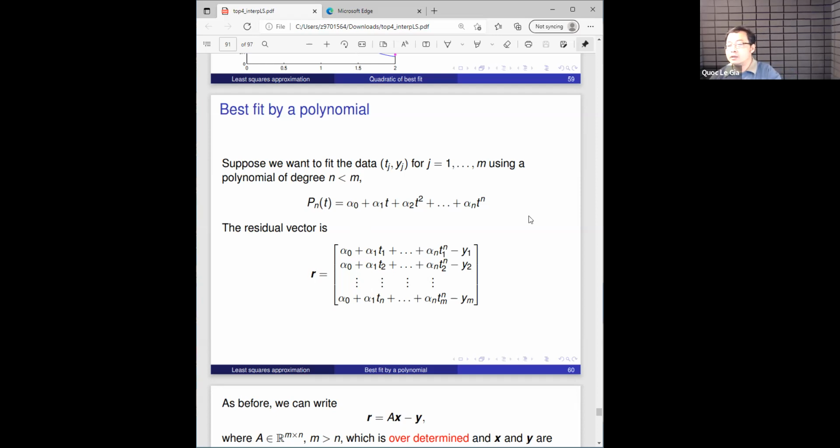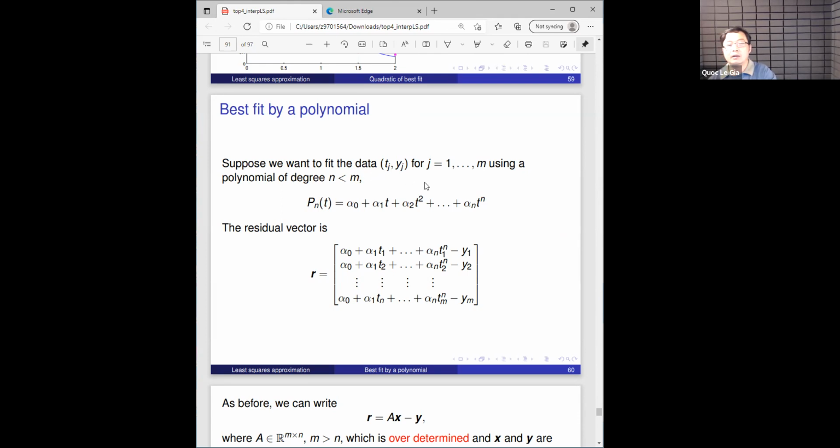Just forget about the n and the m. Just take the number of points. If you minus 1, it equals the degree, then it's interpolation. So n equals m minus 1.